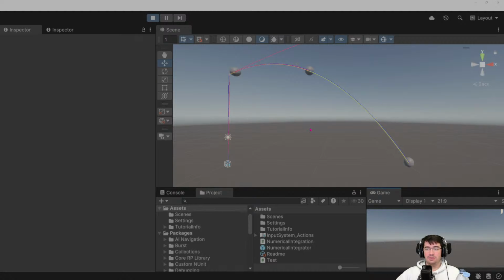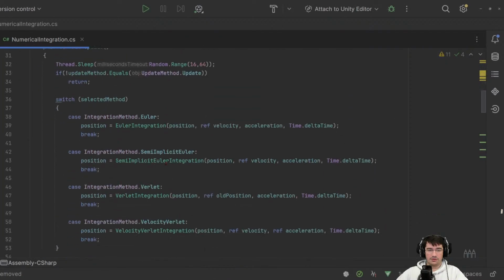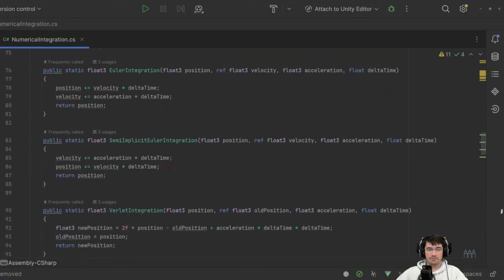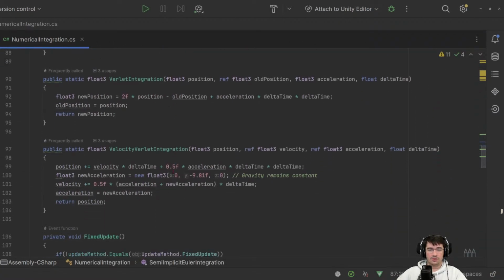Now, there are some disadvantages to it. If I go back to the code, there is one drawback, which is the fact that I need to keep track of the acceleration in addition to the velocity.